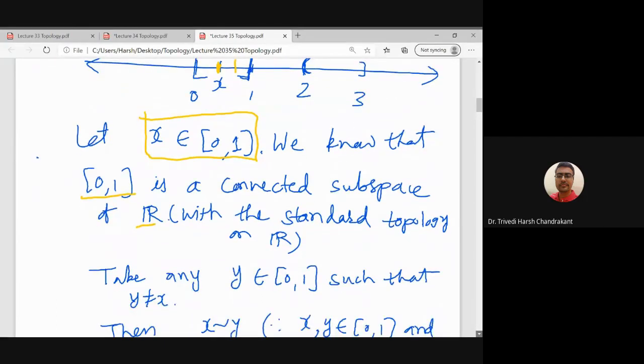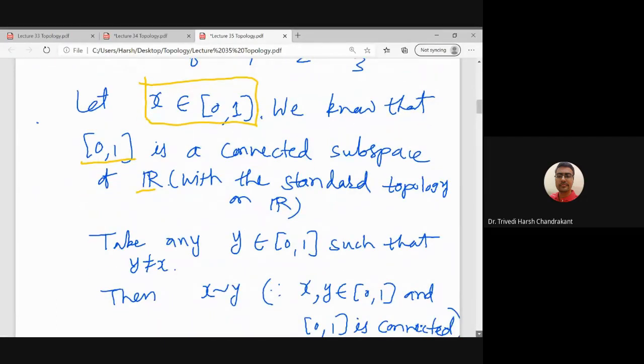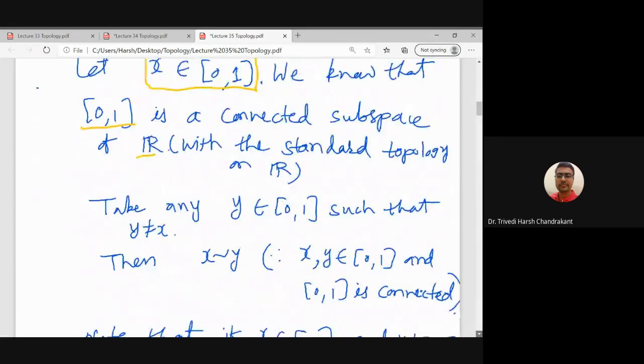So take any y in the closed interval 0, 1 such that y is different from x. Then x and y are related, because x and y are both elements of 0, 1, and 0, 1 is connected. So every element of the closed interval 0, 1 is related to any other element of the closed interval 0, 1. That means every element of the closed interval 0, 1 is in the equivalence class of x.